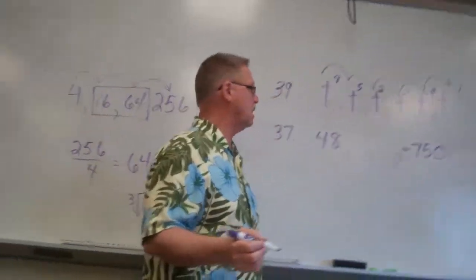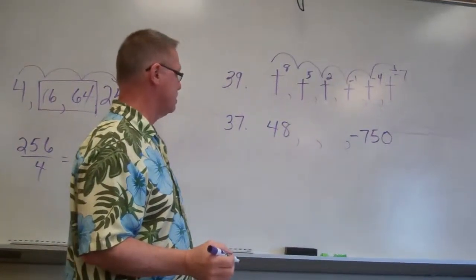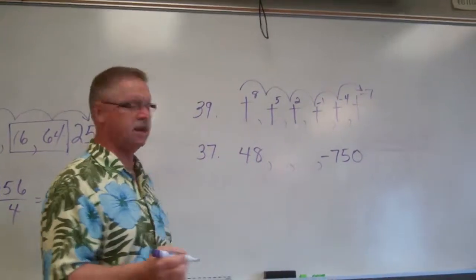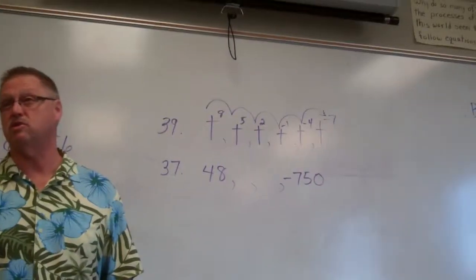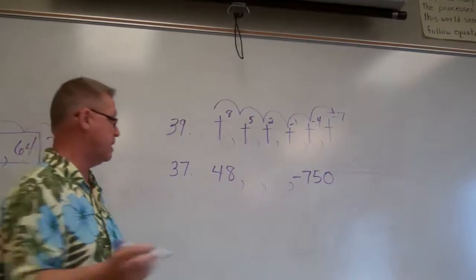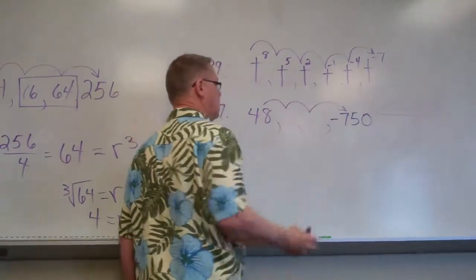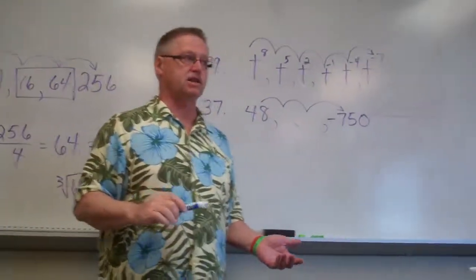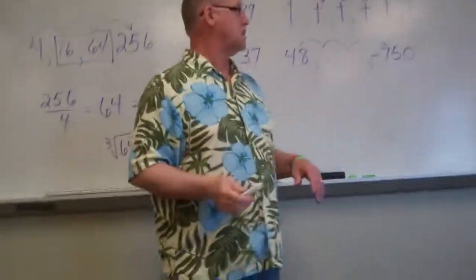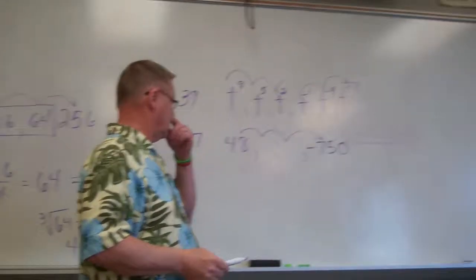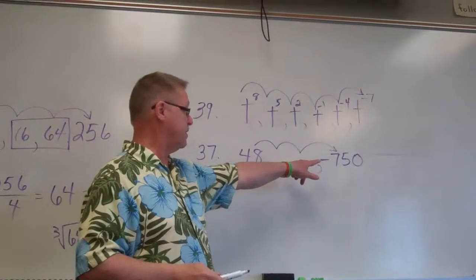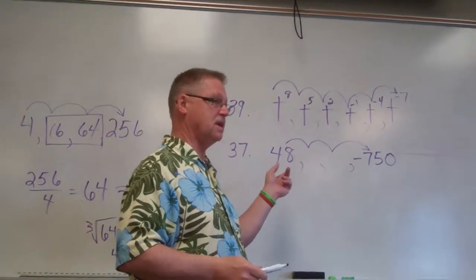I will ask Connor, how many jumps does it take from 48 to negative 750? He's right, that's 3 jumps. And these are not add and subtract jumps, these are timesing jumps. So we're going to do negative 750 divided by 48.